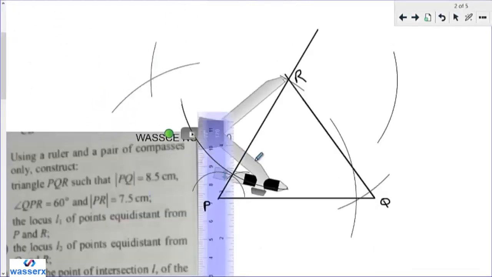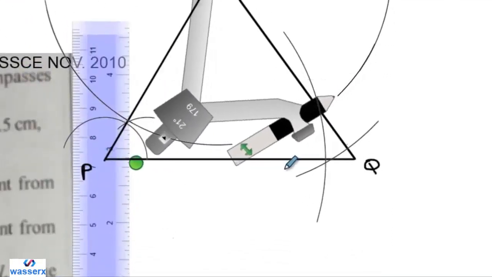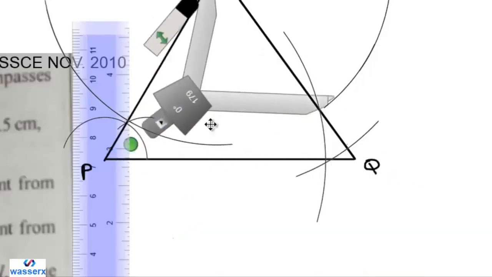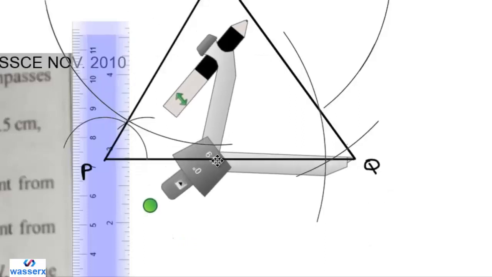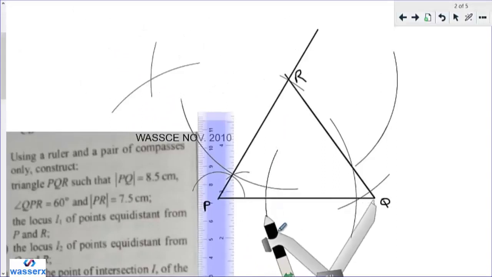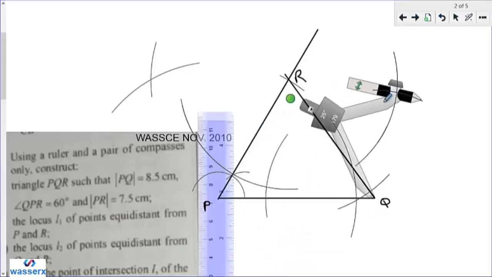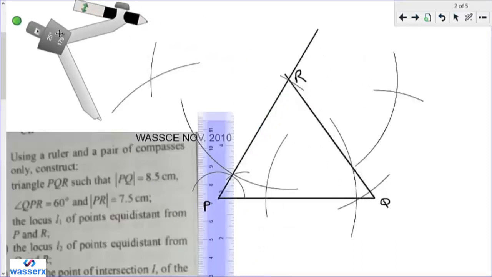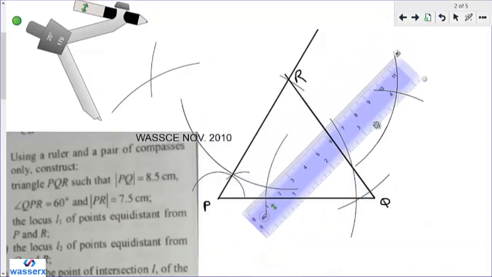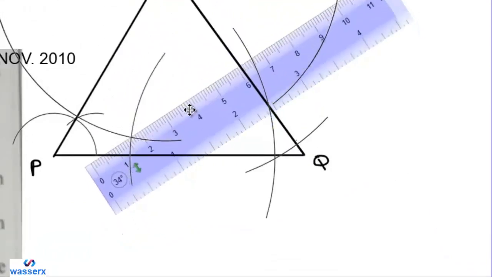Then we stand at Q again and repeat the same process. So we are at Q now. We draw an arc to intersect the first ones. So now we take our straight edge and connect these points to get a perpendicular bisectors.